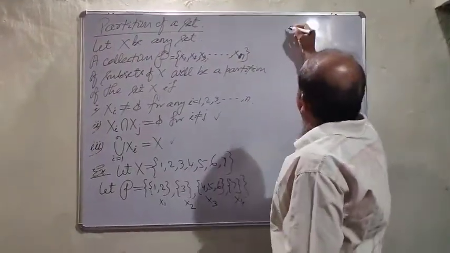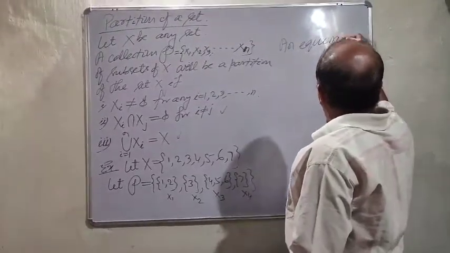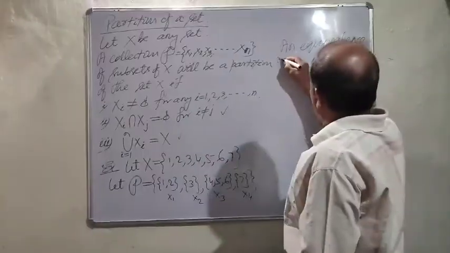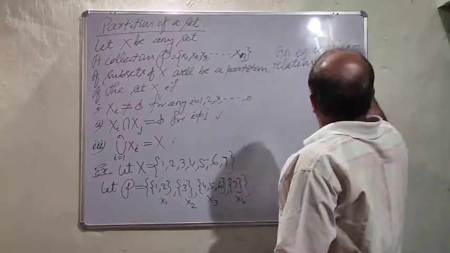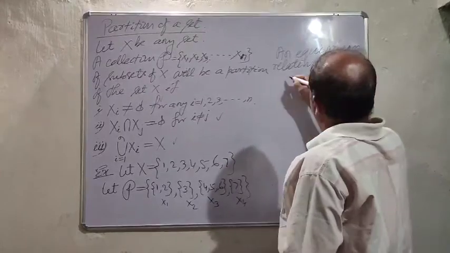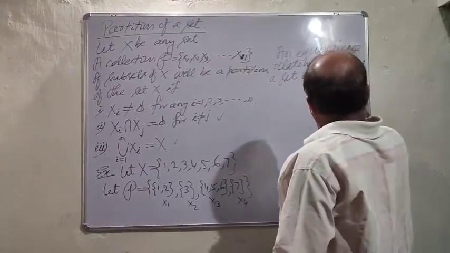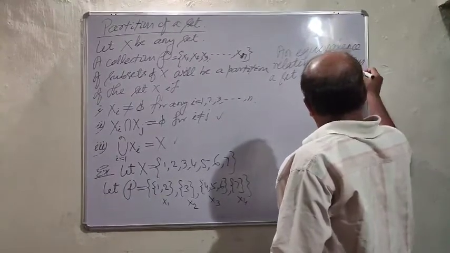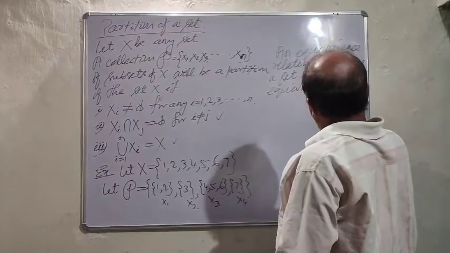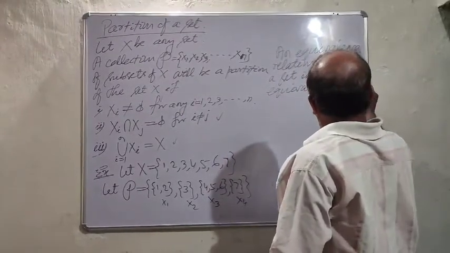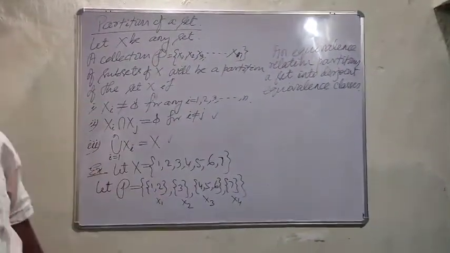I can write down: an equivalence relation partitions a set into disjoint equivalence classes.